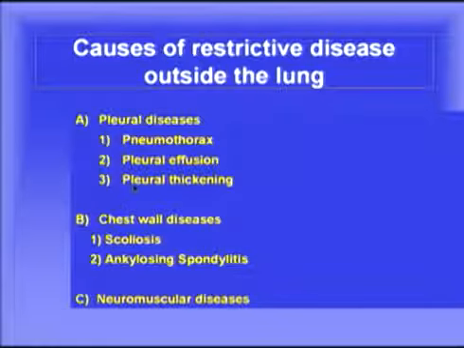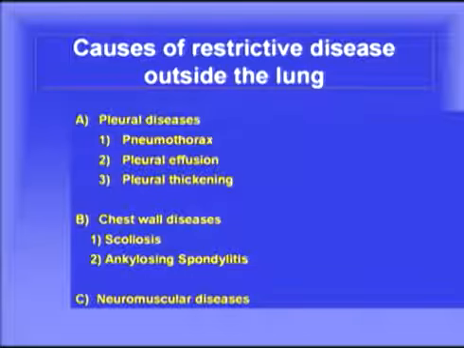Pleural thickening sometimes occurs. Sometimes you get a scar in the pleura itself, which prevents the lung from expanding. That can follow long-term pleural effusion, for example, and occasionally that scar tissue, that fibrous tissue, has got to be removed surgically.